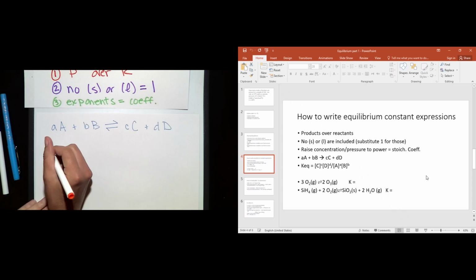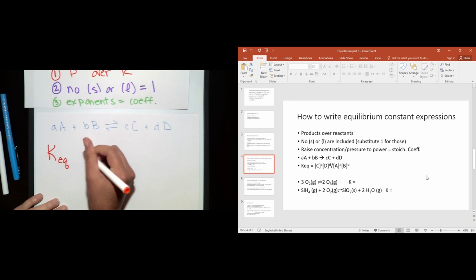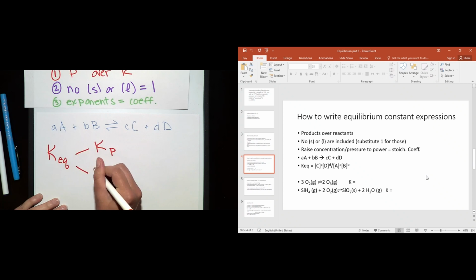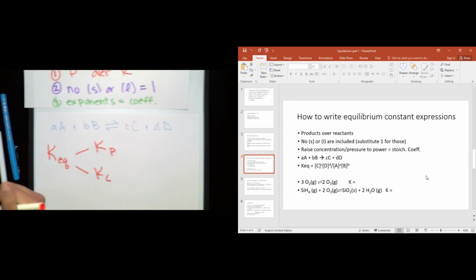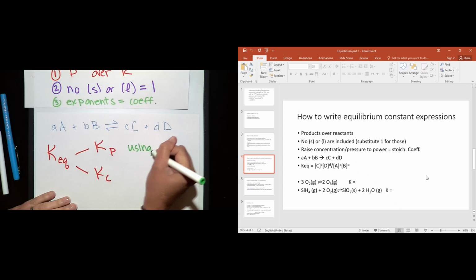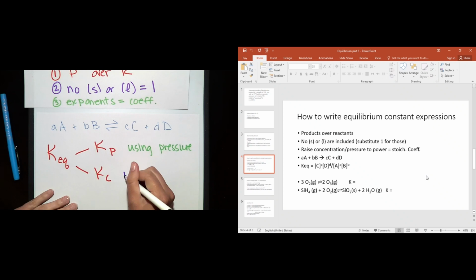Okay, so if I set up my equilibrium constant expression, I'm actually going to have two versions. I'm going to have one called Kp and one called Kc. Kp is using the partial pressures. And Kc, C is for concentration, so this is using molarity.